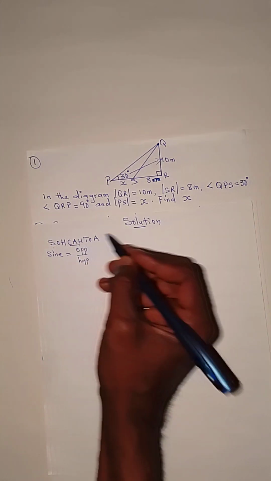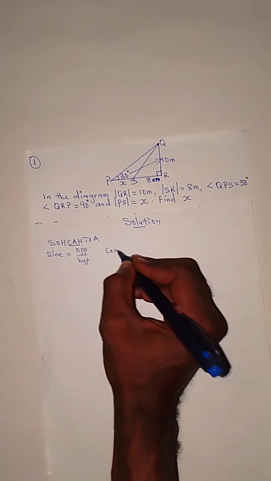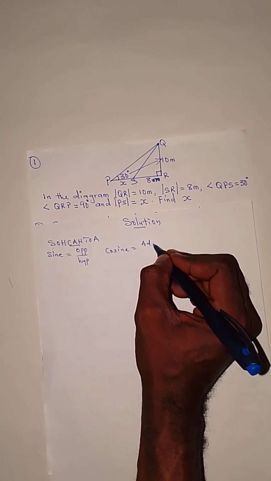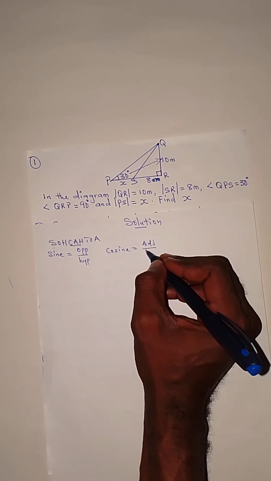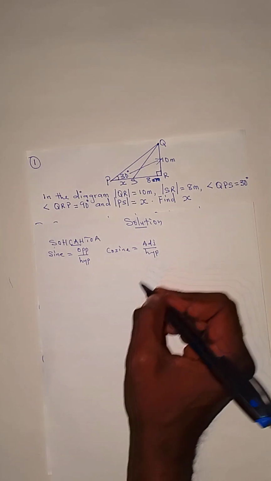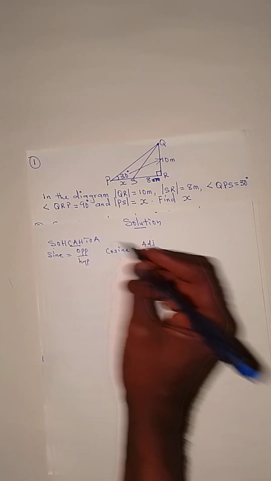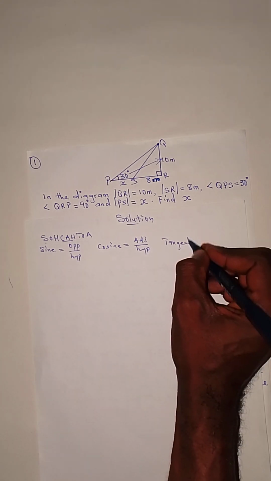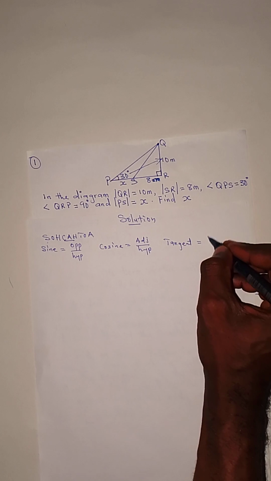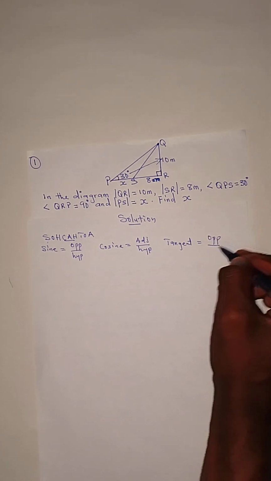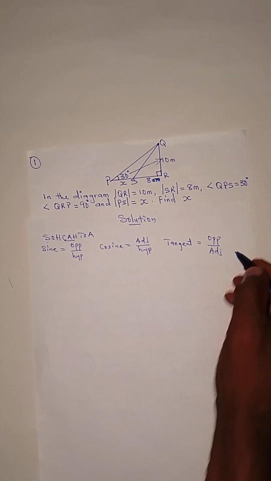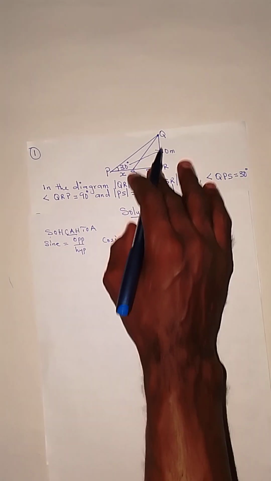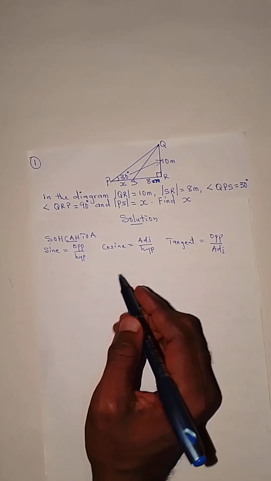Then the CA here means cos or cosine of an angle, which is equal to adjacent all over hypotenuse. Then the TOA here means tangent of an angle, which is equal to opposite all over adjacent. So now these are the three ratios of angles that we have.